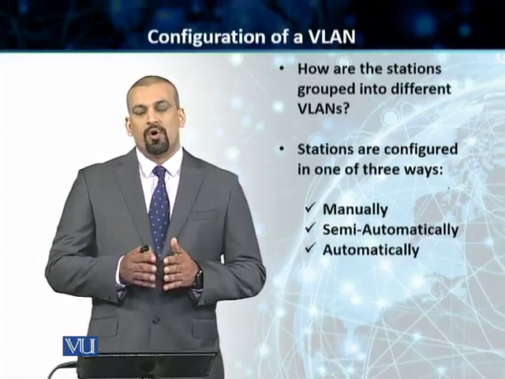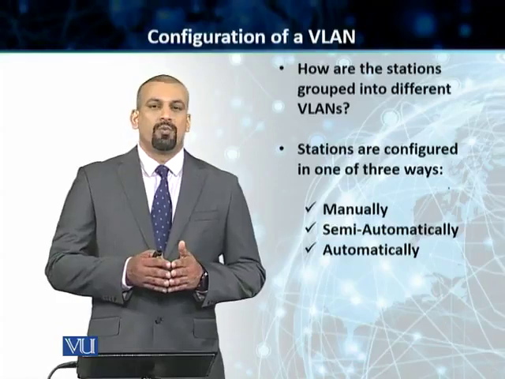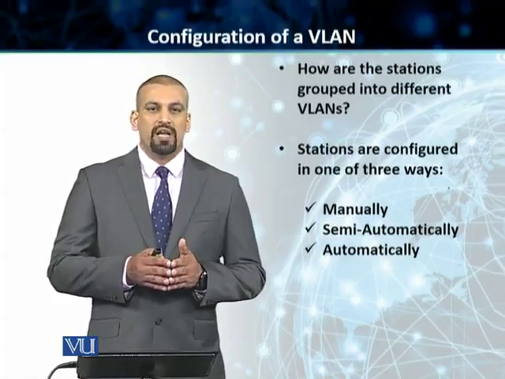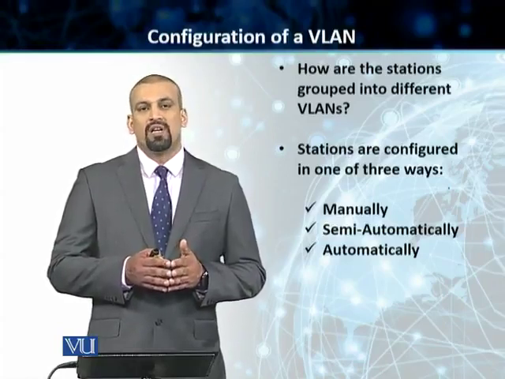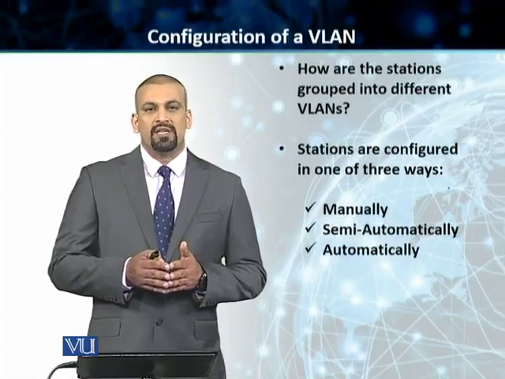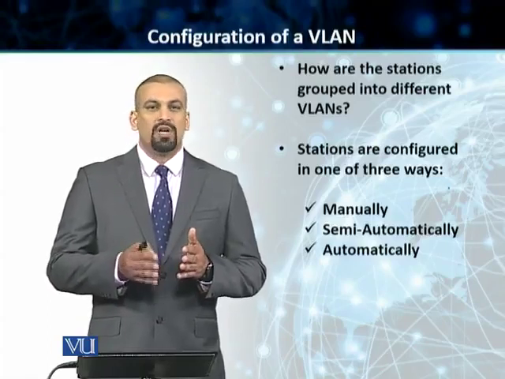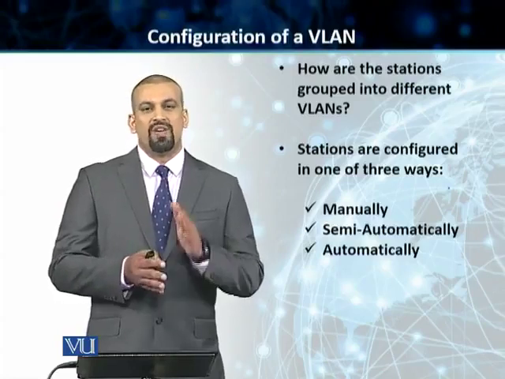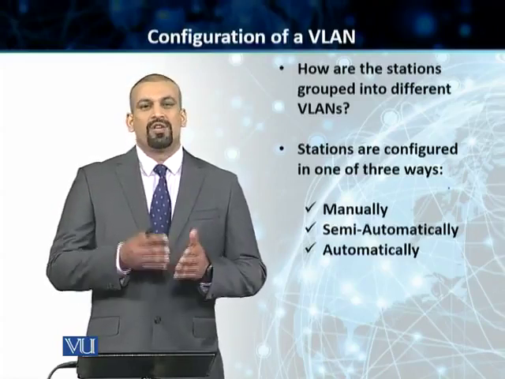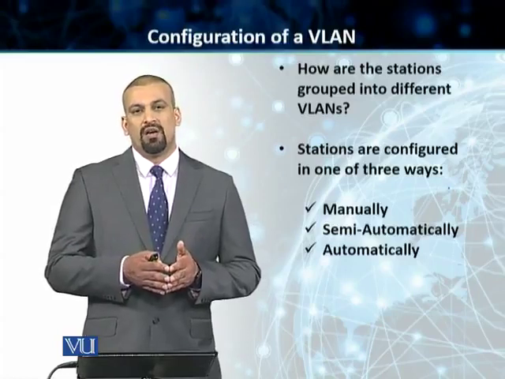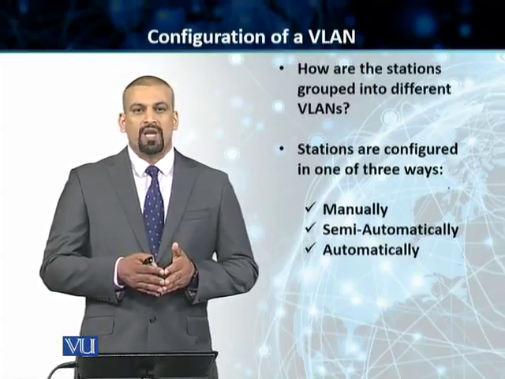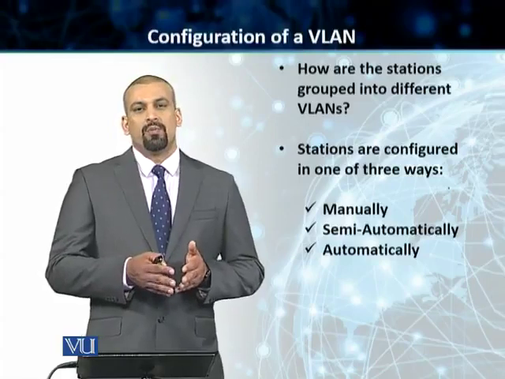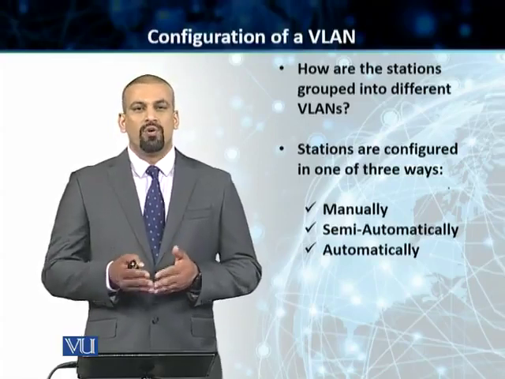In the case of automatic, you do it completely automatically, so you can use the VLAN software, and there are softwares available that allow you to define a rule, for example, that says that if the port number on a particular machine changes, then please change that machine from VLAN 1 to VLAN 2. So as soon as the port number of a particular user changes, that user automatically gets moved from VLAN 1 to VLAN 2.